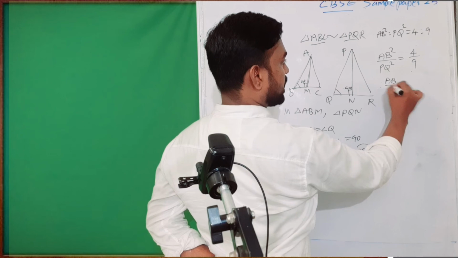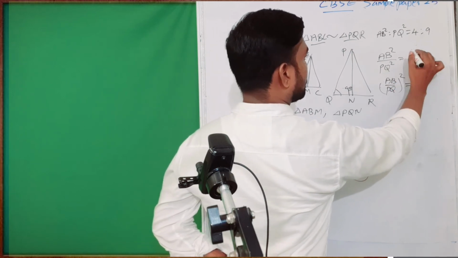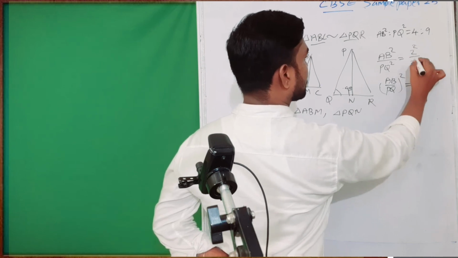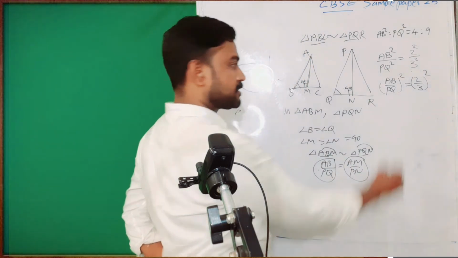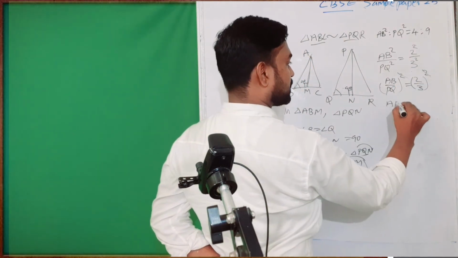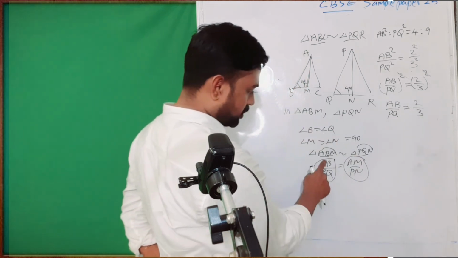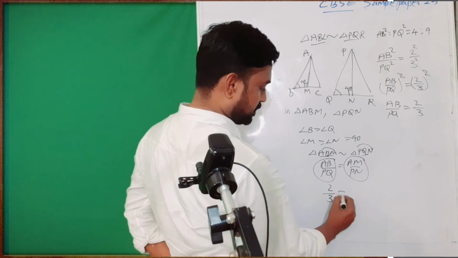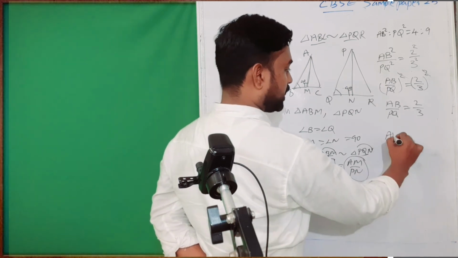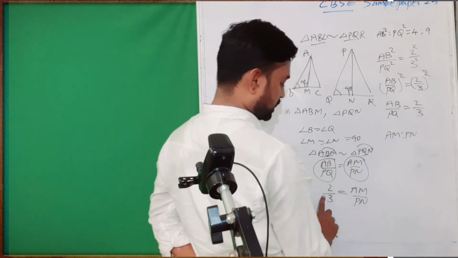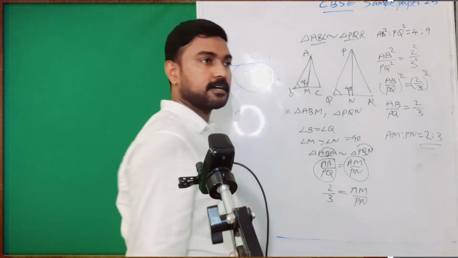So commonly we can write AB by PQ, whole square. 4 means 2 square and 9 means 3 square. So we can write 2 by 3 whole square. This square and this square cancel. We get AB by PQ is equal to 2 by 3. So instead of AB by PQ, we can write 2 by 3, which is equal to AM by PN. That is our question. So AM is to PN, in rational form, when changed to ratio form, is 2 is to 3, which is the correct answer.